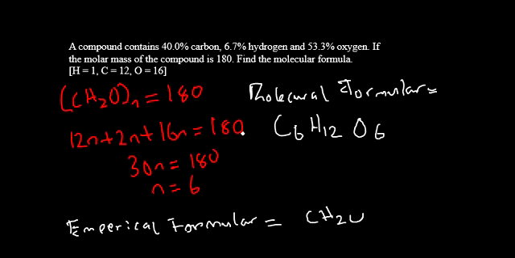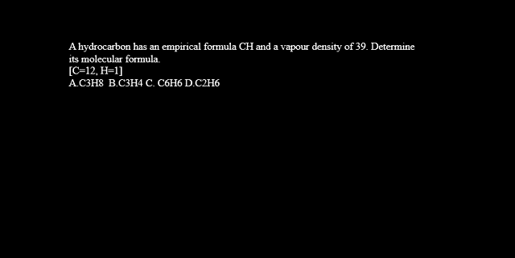Now let's look at another question again. Now here they said they've even given us the empirical formula here. What we just need to do is to calculate the molecular formula.